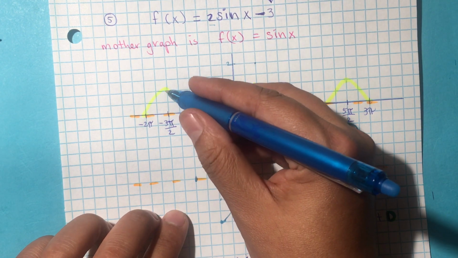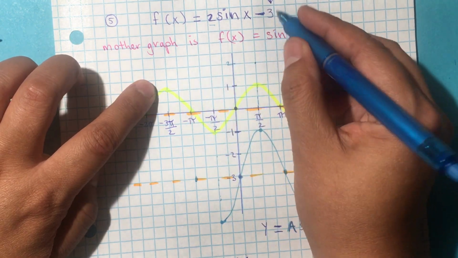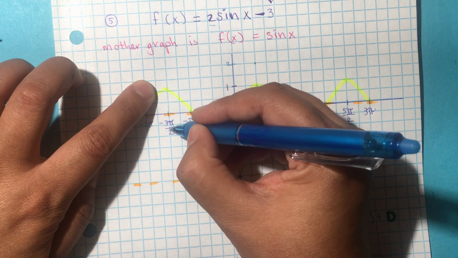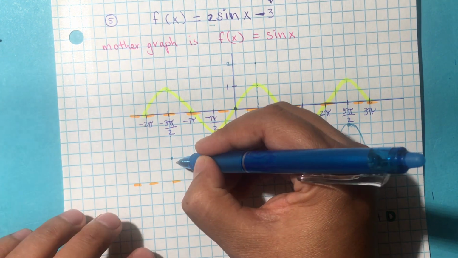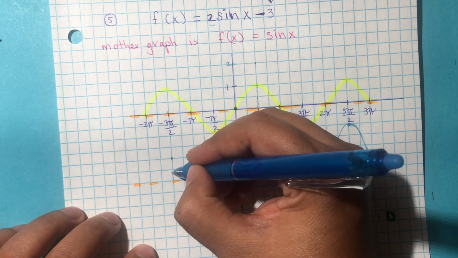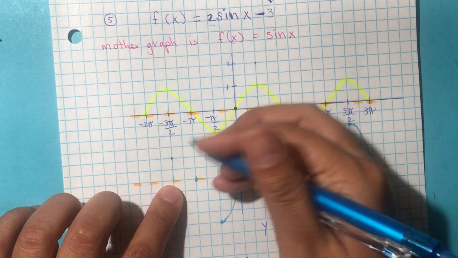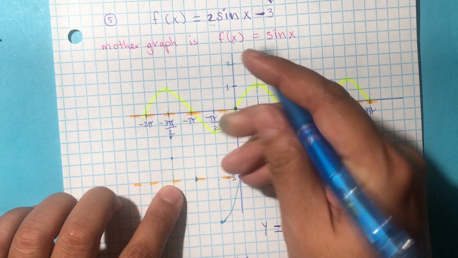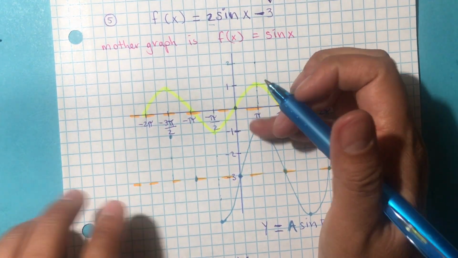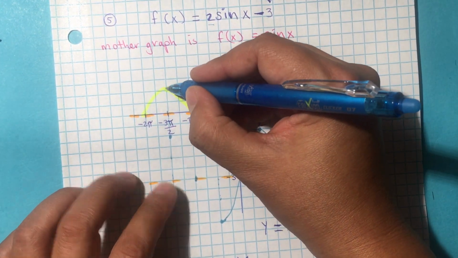For this one, if you want to bring it down first, you go 1, 2, 3. That will be the point. The amplitude is 1, but you multiply the second by 2, then it's right there, 1, 2. Or again, you can just multiply by 2 first.